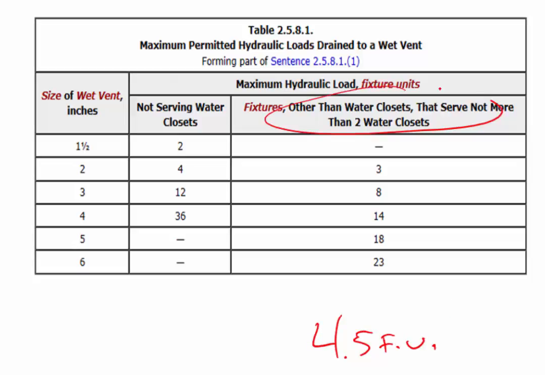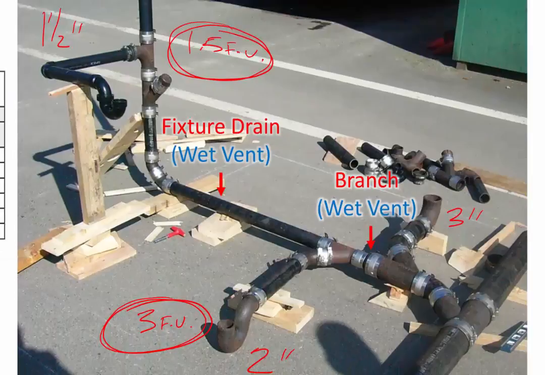So serving water closets for up to 8 fixture units should be a 3-inch wet vent. So this wet vent from this T here, this should be a 3 by 1.5 inch T, 3-inch clean out, and all 3-inch piping down to the connection of the water closet, and obviously to the sanitary building drain as well. We're going to have 3-inch through this branch.